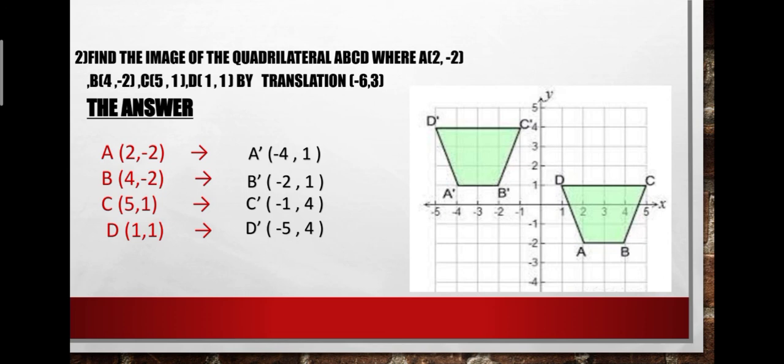After that, I will join A dash, B dash, C dash, D dash. If you look at it, we moved the figure up and a little bit to the left. So this is the translation. I didn't change the direction of the figure, I just moved or slid it.